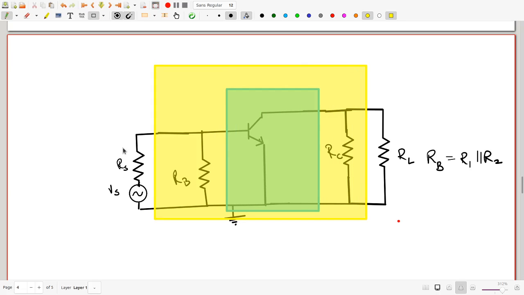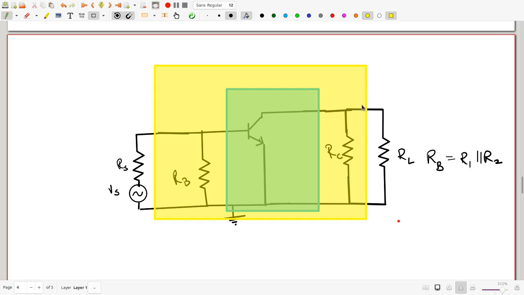This part, the source, is of course outside the amplifier, looking into the amplifier, feeding signal in, and RL is a load which is outside the amplifier, taking the output. RC is actually inside the amplifier, which is why I have split up the RC parallel RL combination into two separate resistances. Remember, there was a CB2 here, the blocking capacitor, but that is treated as a short because we are in the mid-band region.